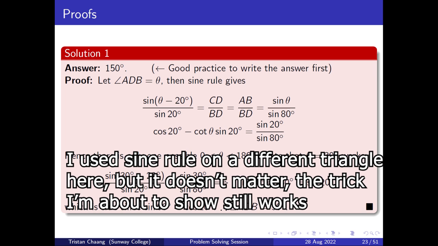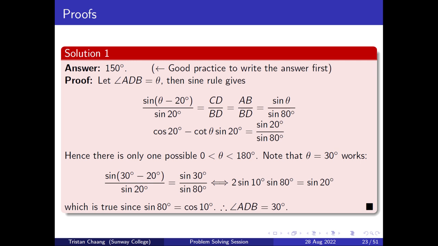The left side is sine theta minus 20 over sine 20, and the right side is sine theta over sine 20. So the point is, you want to solve this. You rearrange the equation, you get the second line, cos 20 minus cos theta sine 20 equals sine 20 over sine 80. But you don't know those terms.